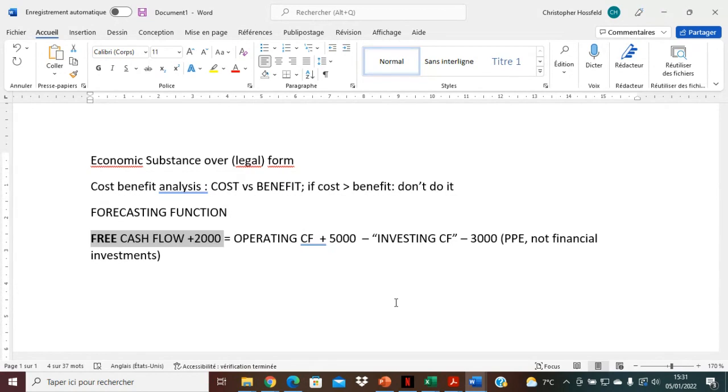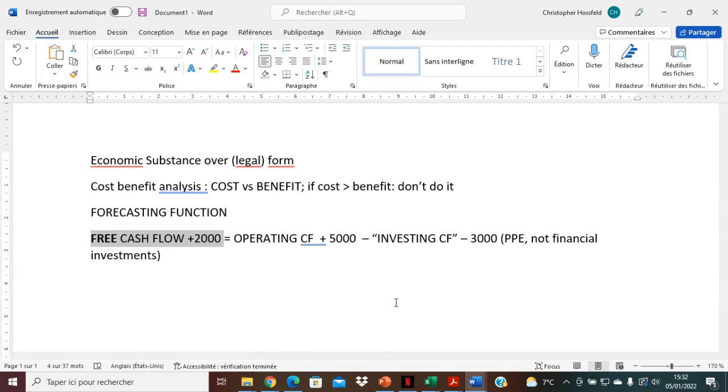Okay. That means the free cash flow here can also be used as an indicator of financial risk. Because the higher my free cash flow is, the easier and the more financial debt I can reimburse. Okay, and the more dividends I can pay potentially to my shareholders, which makes the company more attractive for shareholders.